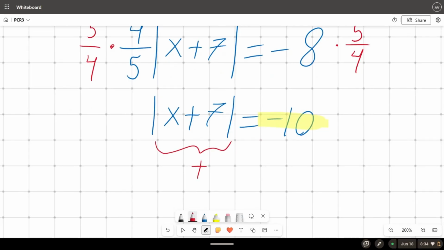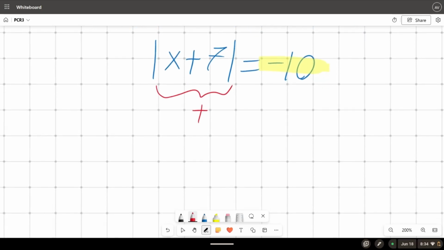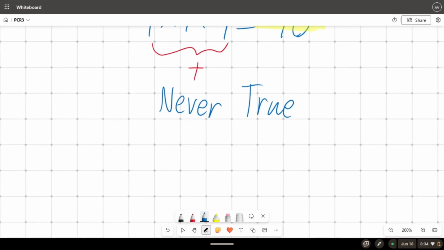Absolute value always returns a positive number. So there's no way on planet Earth that it could be negative, let alone negative 10. So on my math tests, what I like to do in this case is I write never true. This is more for me, and this should not be your final words, because after this, you write no solution.